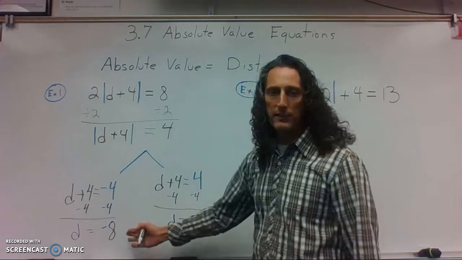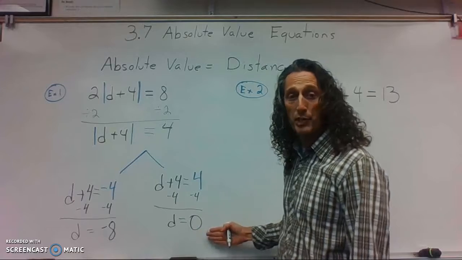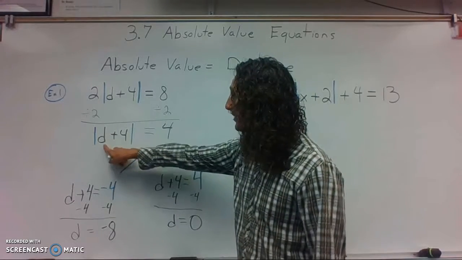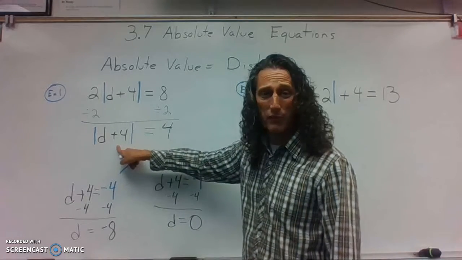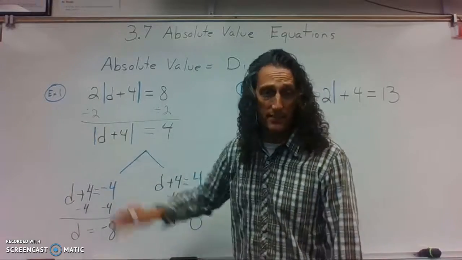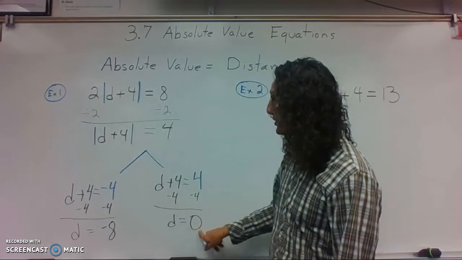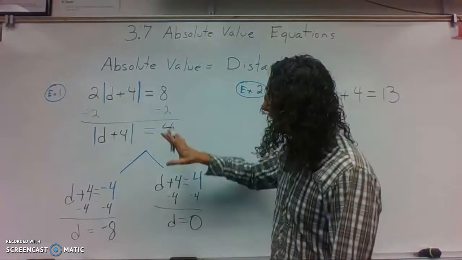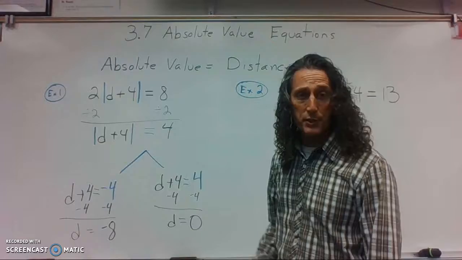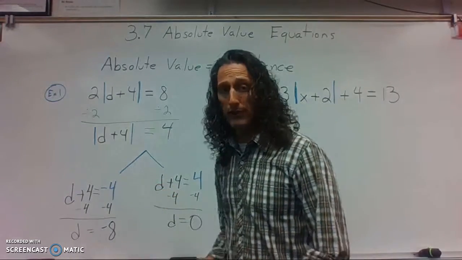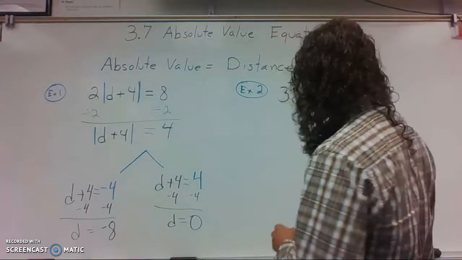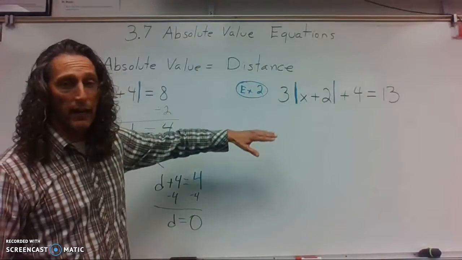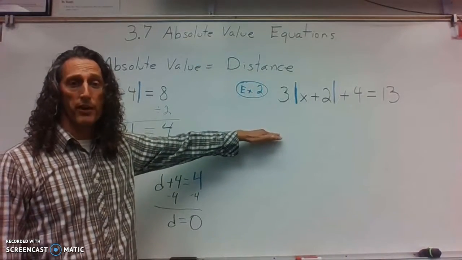So your answer on this side is negative 8 and 0. And if you think about that, negative 8 plus 4 is negative 4. Well, that's 4 spaces away from 0. And 0 plus 4, well, that's 4 spaces away. So negative 8 and 0 make this equation correct. Now, take a moment, hit pause, and then copy down this equation. So just hit pause right now.